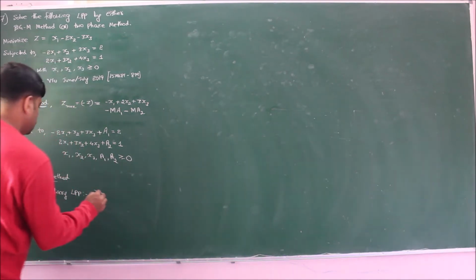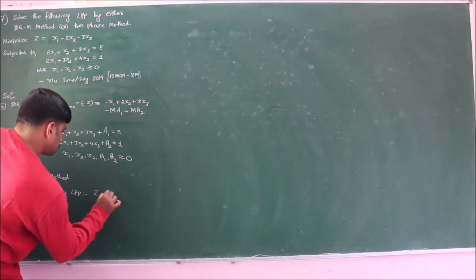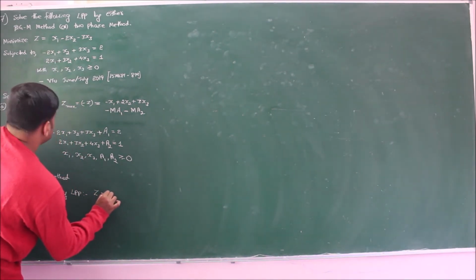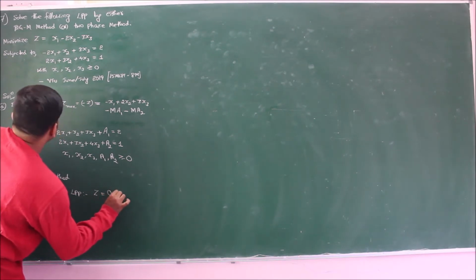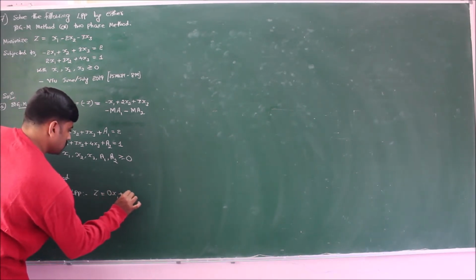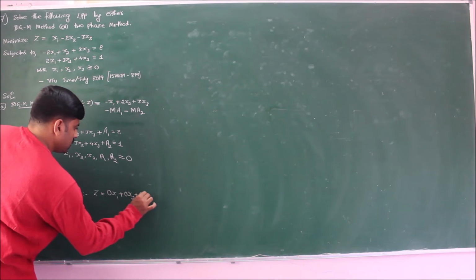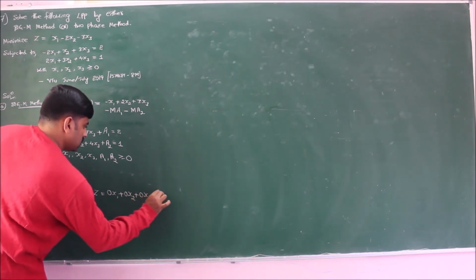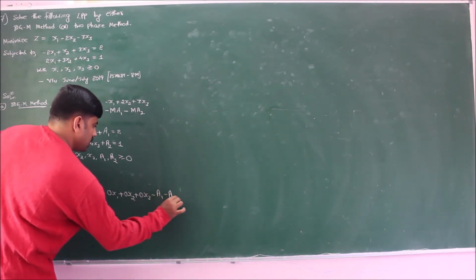If I do that, I'll get the equation as 0x1 plus 0x2 plus 0x3 minus 1a1 minus 1a2.